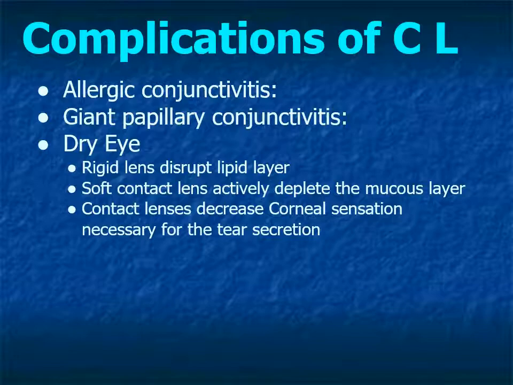The contact lens may also lead to dry eye, as the rigid contact lens disrupts the lipid layer, so the evaporation of the tears is more, and the soft contact lens actively depletes the mucous layer. And of course, contact lenses decrease corneal sensation. This corneal sensation is necessary for tear secretion, so the aqueous layer may be depleted.